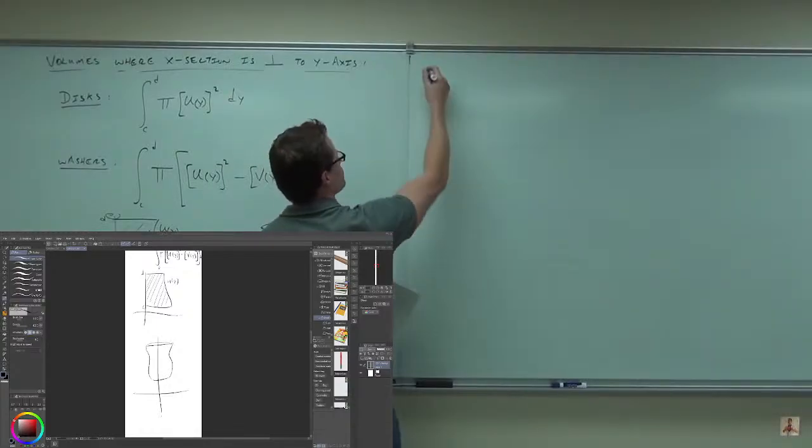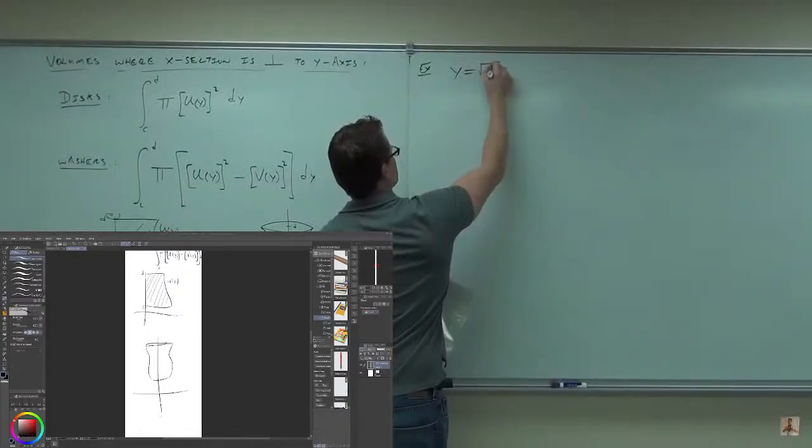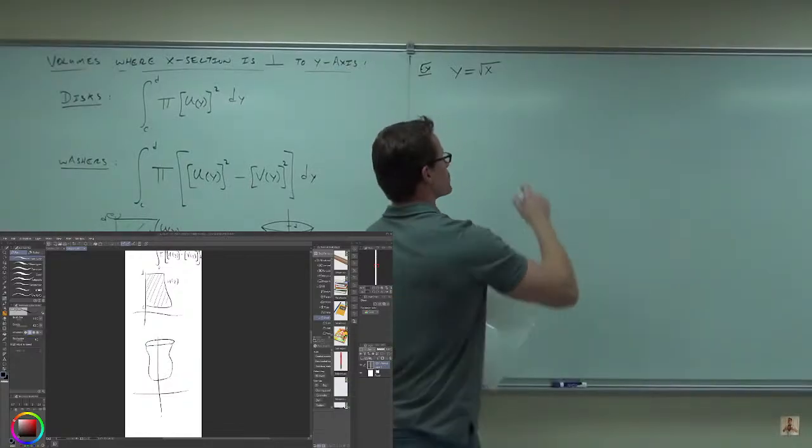So let's say this. Y equals the square root of x is revolved around the y-axis. And it's bound by y equals 2 and y equals 0.